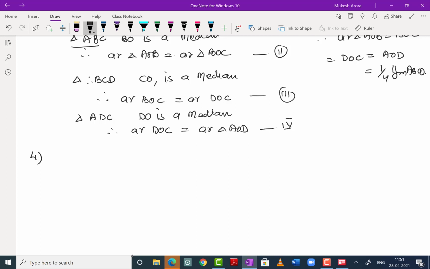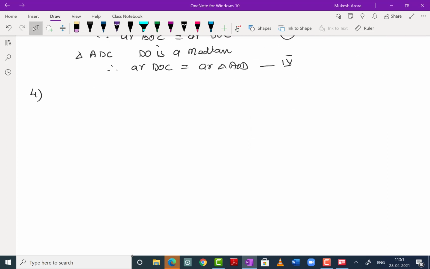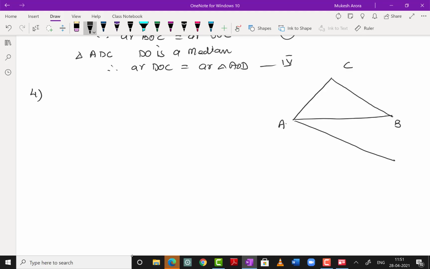Next question. Triangles ABC and ABD are two triangles on same base AB.